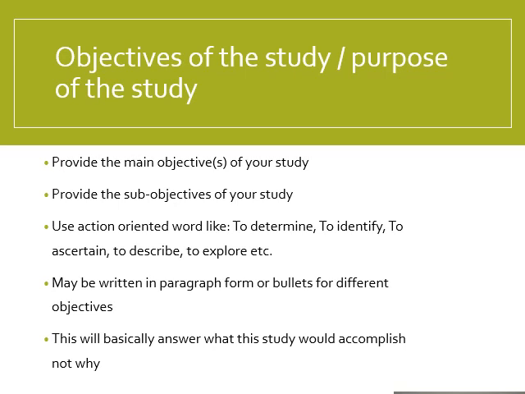Bullet form would be a better option for it. So basically this answers what this study would accomplish, not why. Okay, so the question is what this particular research is focusing on. Okay, what does it want to accomplish?